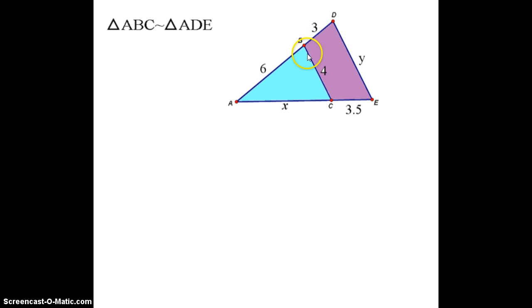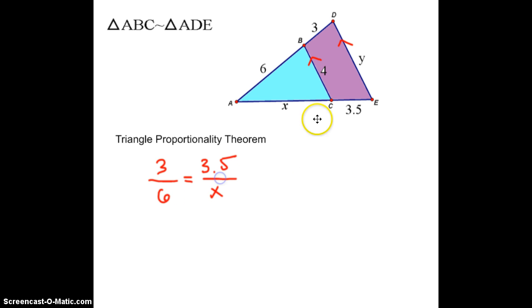So we've already talked a little bit about how we know that in this scenario BC is going to be parallel to DE, but if you remember that when we have parallel lines inside a triangle, we can use the triangle proportionality theorem, which is going to let us say something like 3 is to 6 as 3.5 is to x.